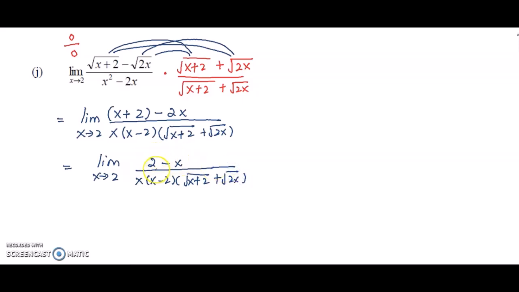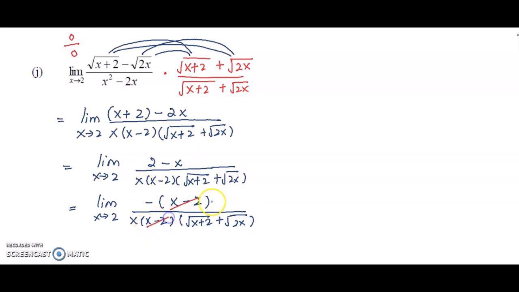After that, we are going to cancel off the x minus 2, but we still cannot do that because we didn't see any x minus 2, we only have 2 minus x at the numerator, so we need to factor out the negative. Factor out, I have x minus 2, so now you can see that I have x minus 2 at the numerator, so this will be cancelled off with the x minus 2 at the denominator. So cancel off this. Get 1, then simplify further.